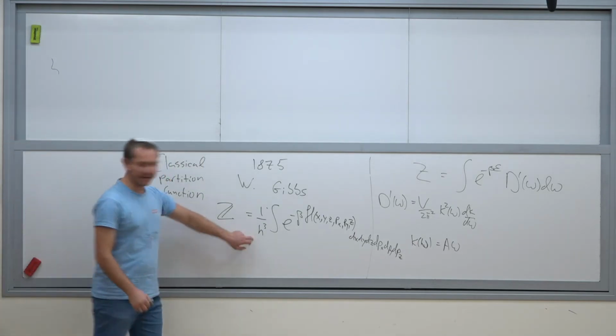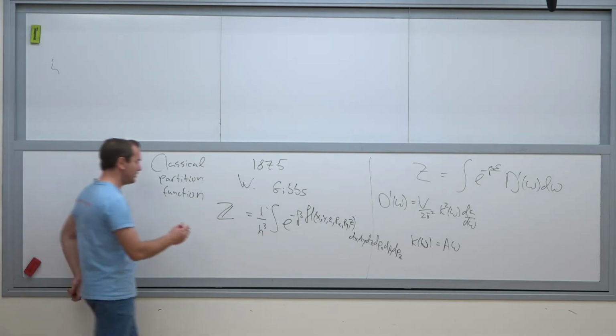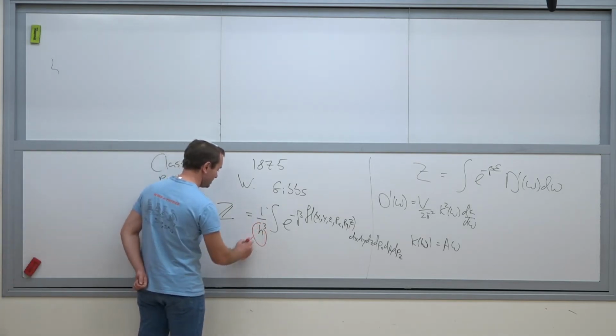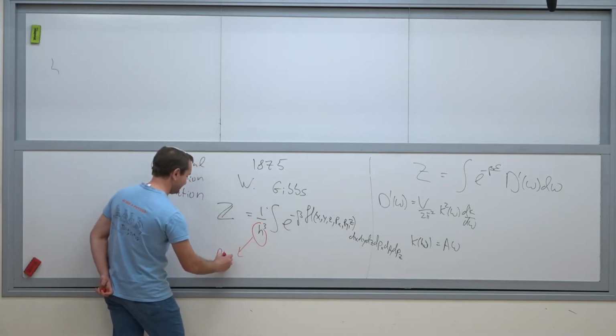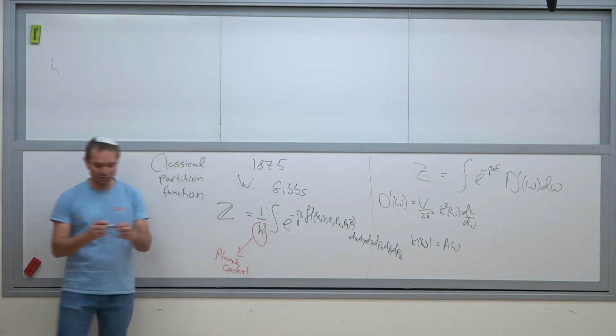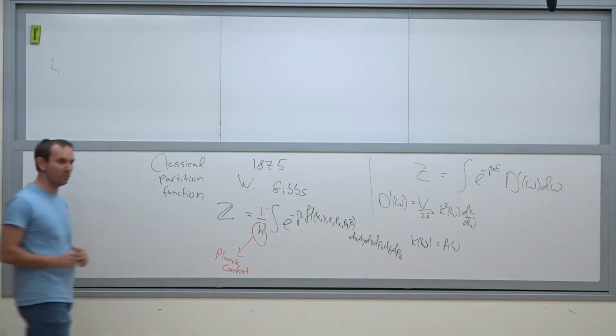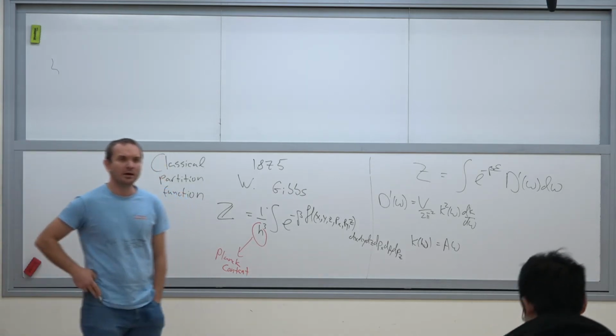Now this h, right now we know that this h is the Planck constant. When Gibbs wrote this formula, he had no idea about the Planck constant, and there was still no Planck constant whatsoever.